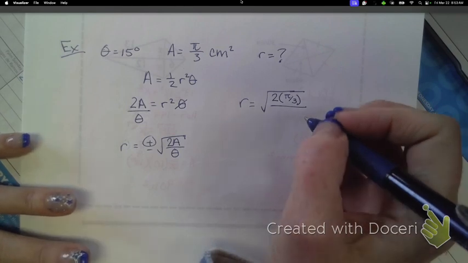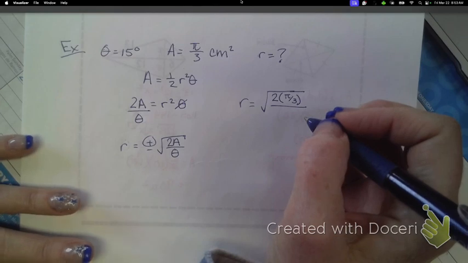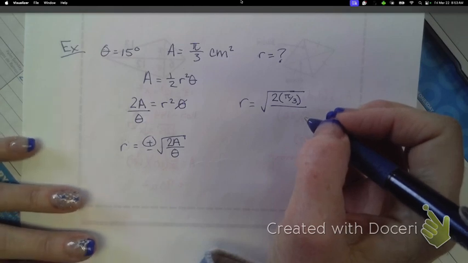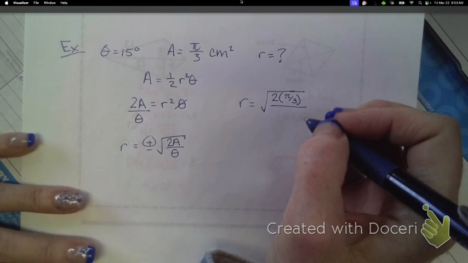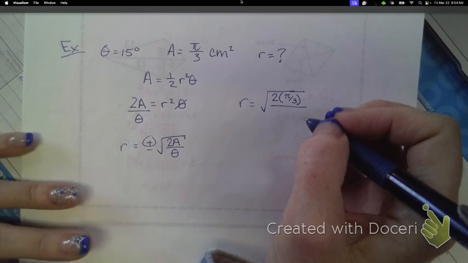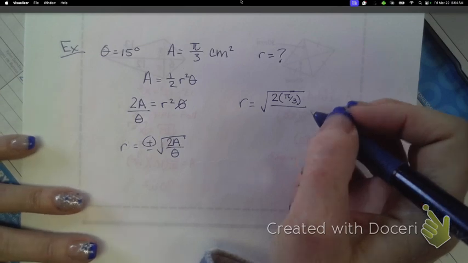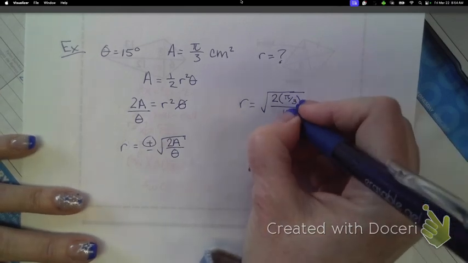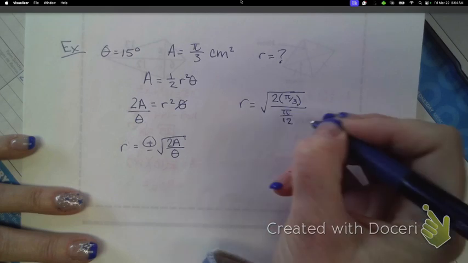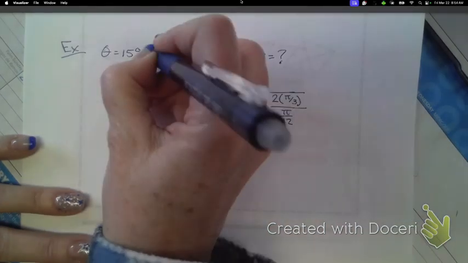No, I have to do it in radians, right? So 30 is pi over 6, so 15 would be pi over what? 12, because 15 is half of 30. So pi over 12. And again, I could have multiplied it by pi over 180 and reduced.